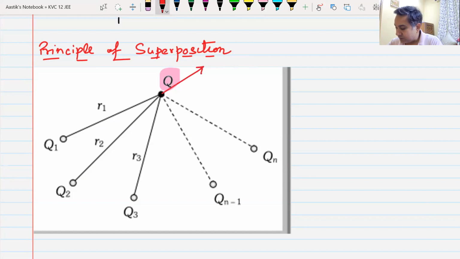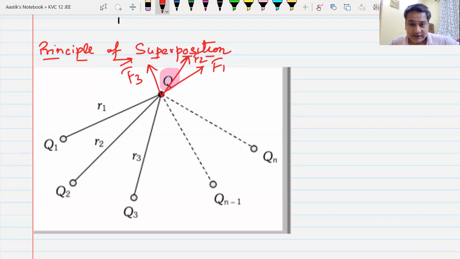It might experience F1 because of charge 1, F2 because of charge 2, F3 because of charge 3, and so on. Now remember, force between two charges does not depend on the presence of any third charge. So this charge Q will experience F1 no matter other charges are present or not. That means these forces are independent of each other.